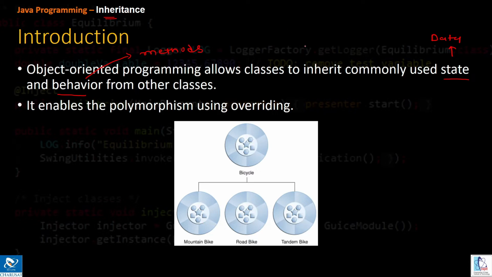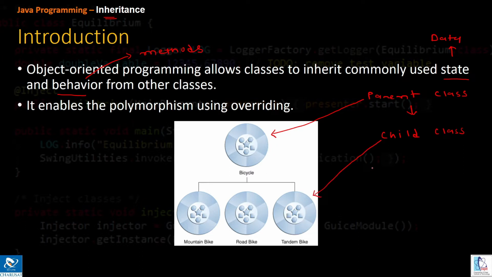Basically in inheritance there is a concept of a parent class and a child class. Here you can see an example. Consider that there is a bicycle class, which is the parent class. All these bikes, like mountain bike, road bike and tandem bike, are child classes.